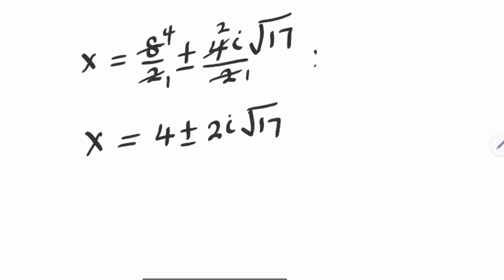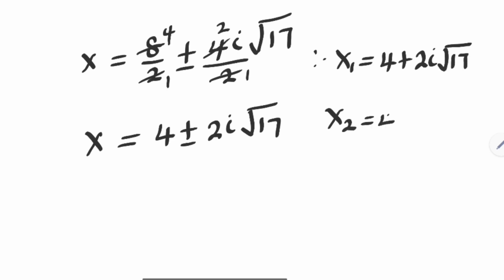Therefore, x1 is equal to 4 plus 2i square root of 17. x2 is equal to 4 minus 2i square root of 17.